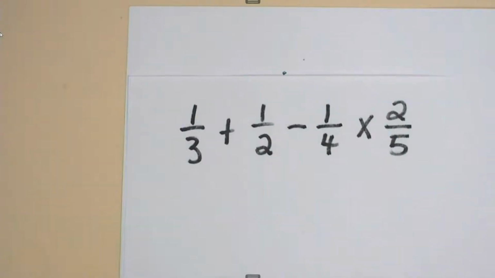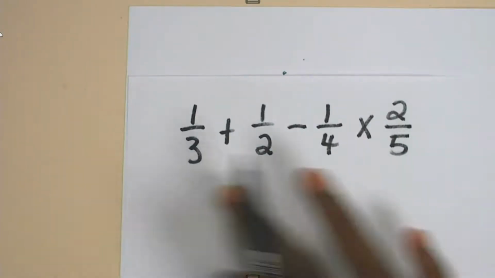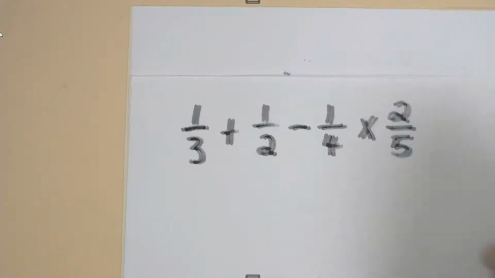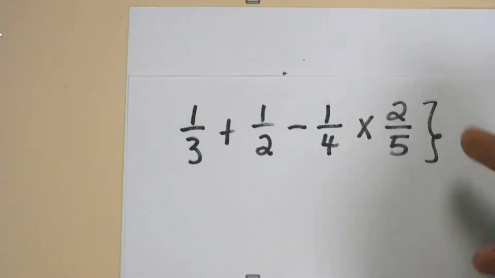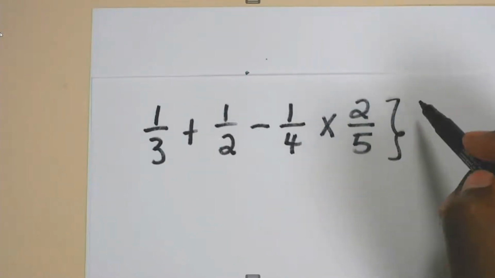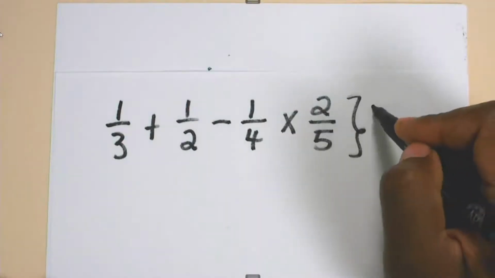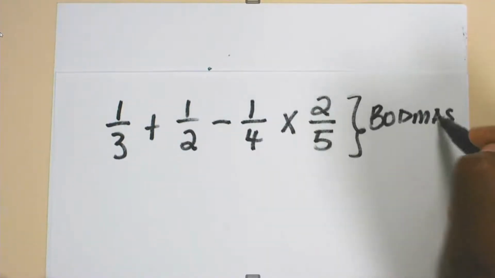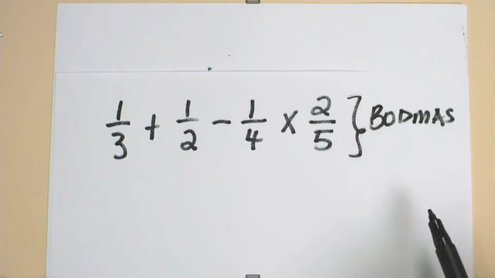Guys, rule number 1, when it is like this, it appears as if it's complicated. Again, basically, what this says to us is it reminds us of what we know, that we have to always not forget that in mathematics, we always work according to BODMAS.